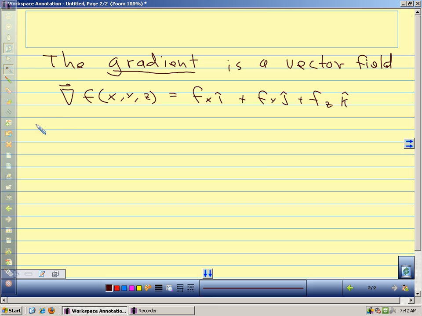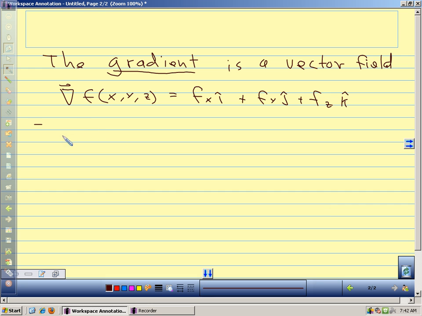Now to visualize vector fields, to sketch a vector field, to have an idea of what a vector field looks like, we can plug in numbers to our function, and that could give us an idea, and we can draw a bunch of vectors. The other way we can visualize a vector field is similar to what we did with level curves, and we look where the magnitude is constant.